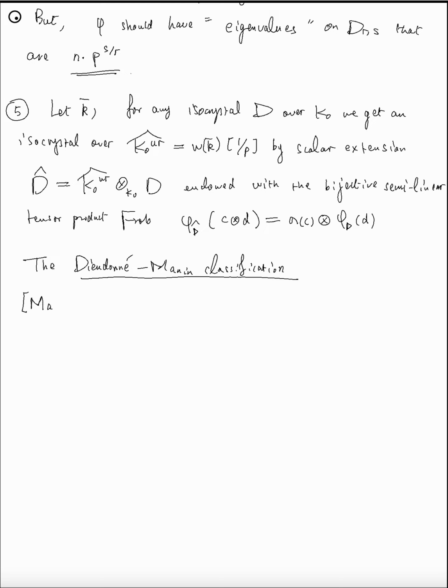This is the paper of Manin, 1963, Theory of commutative formal groups over fields of finite characteristic.